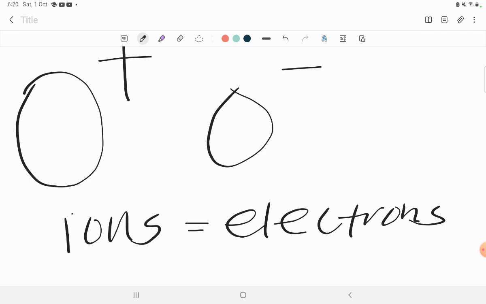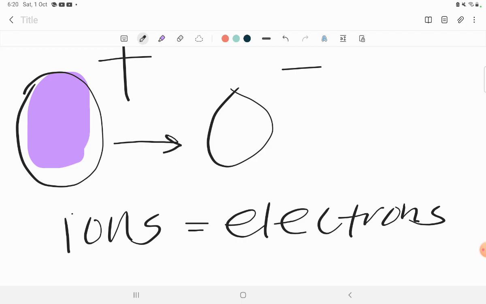So this atom has given this atom one electron, right?